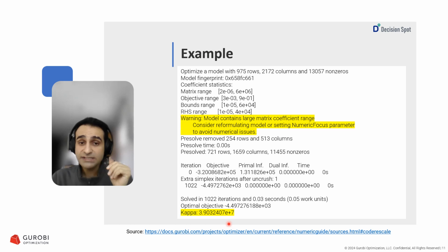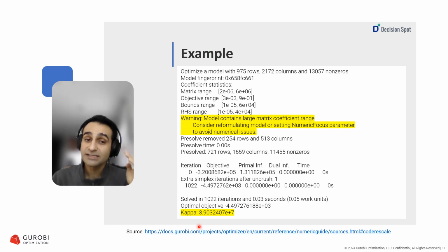You can also see that there is a kappa value at the end. So what is this kappa? We briefly mentioned what ill-conditioned matrices are, right? Those are the matrices where a small change in data can lead to a large change in solutions. In Gurobi, we have kappa, which serves as a condition number. When kappa is high, it's another sign that the model may be ill-conditioned and prone to instability.